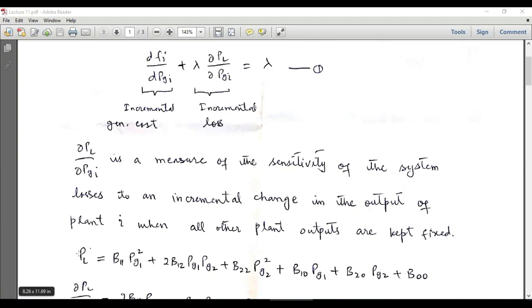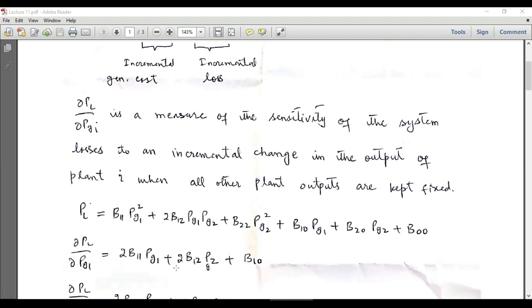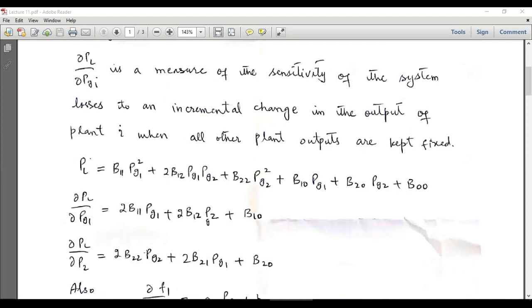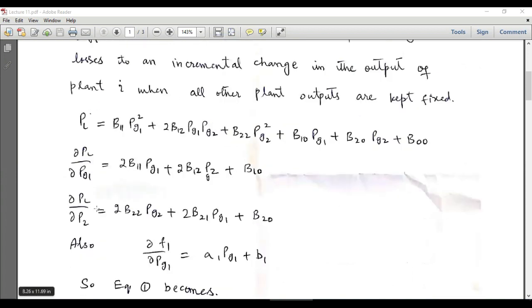This is the expression for the loss power which we derived in our previous lecture, and we can evaluate the derivative of this loss power with respect to Pg1 and with respect to Pg2. These two derivatives will be helpful in calculating the penalty factor.